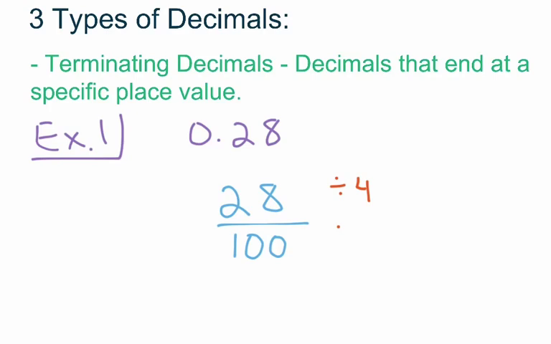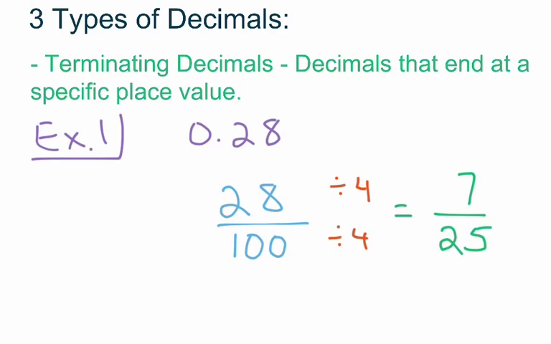So I'm going to divide the numerator by 4 and the denominator by 4. 28 divided by 4 gives me 7, and 100 divided by 4 gives me 25. 7 over 25 cannot be simplified any further, so that is our final answer.